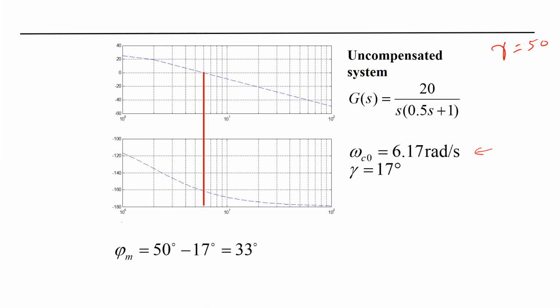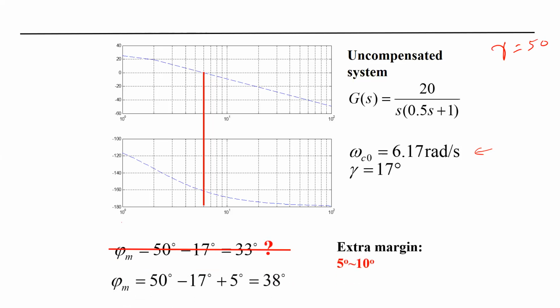Usually, you put what we call a safety factor between 5 to 10. It depends on the designer. Suppose I add 5, so I need to add 38 degrees of phase margin in this area.